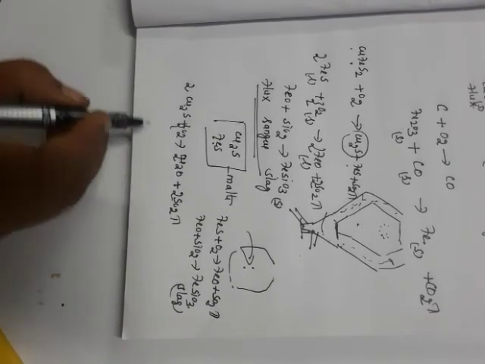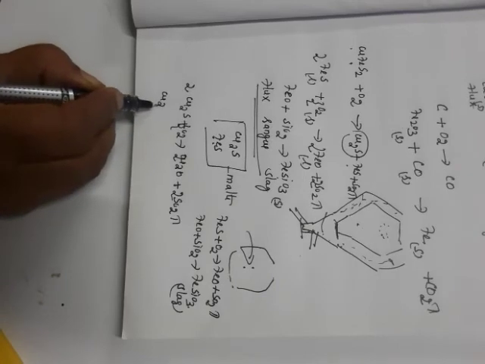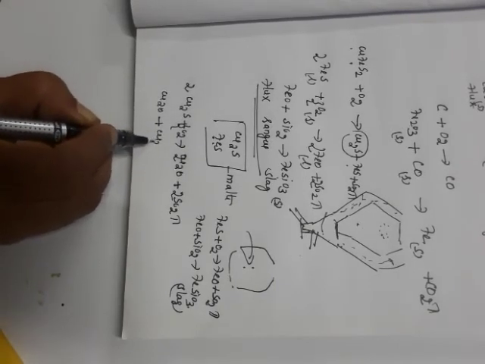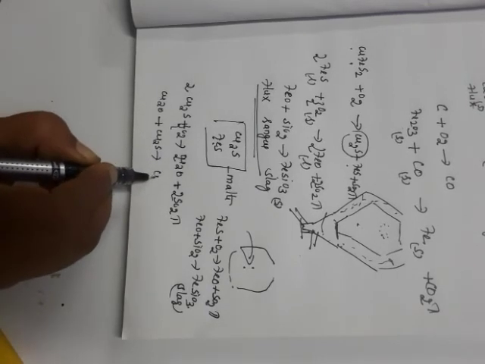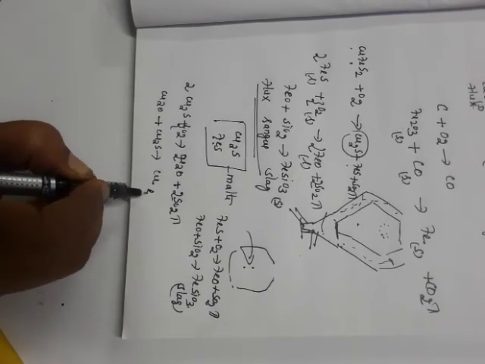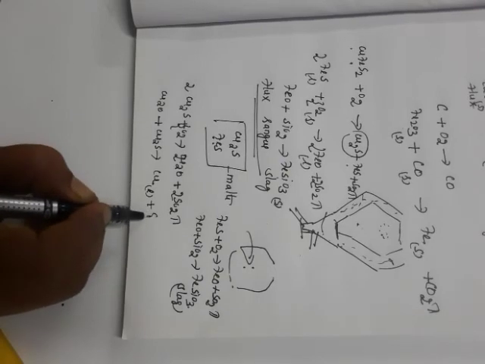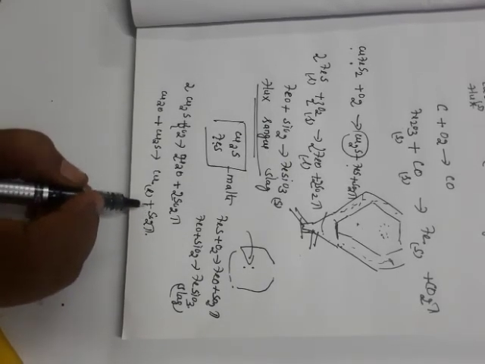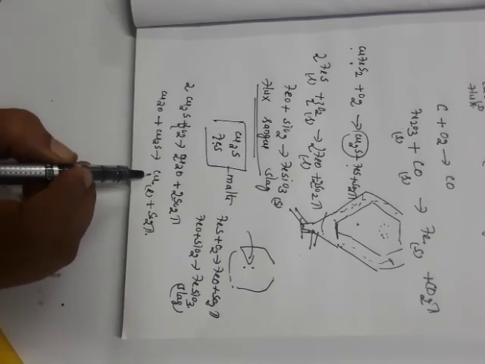Now this Cu2O with the remaining unreacted copper sulfide forms copper metal, in liquid state, plus sulfur dioxide expelled out, and the copper is got in molten state.